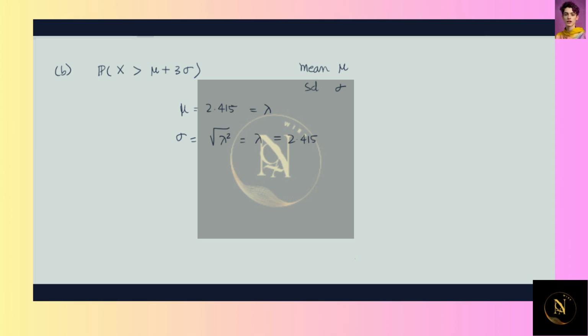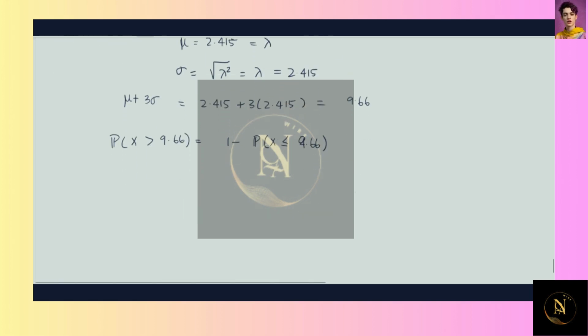So we'll calculate mu plus 3 sigma. That is 2.415 plus 3 times 2.415, that is 9.66. So we are supposed to find the probability where the rainfall is greater than 9.66. It can be written as 1 minus probability of x less than or equal to 9.66, which can be obtained by the cumulative distribution function.